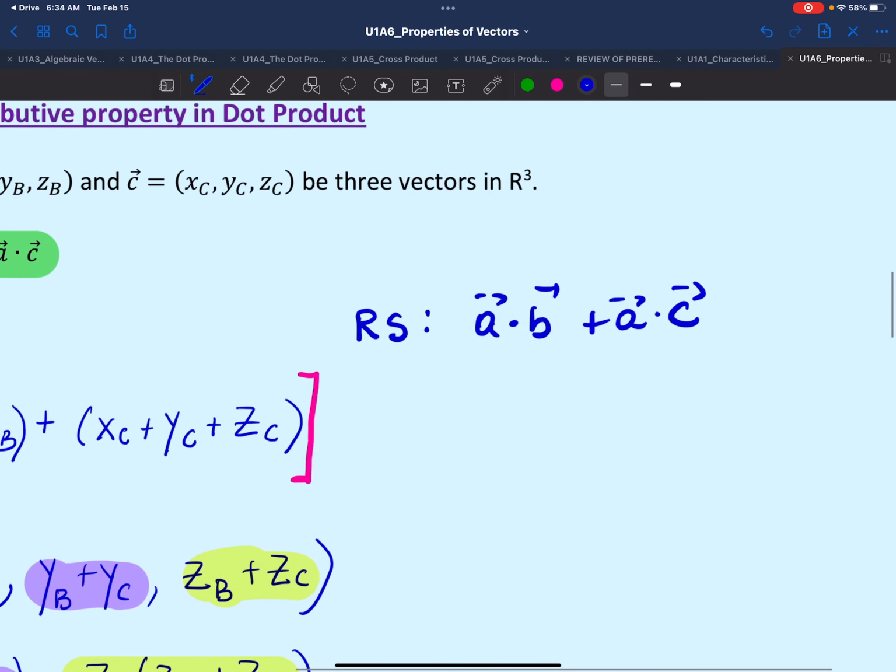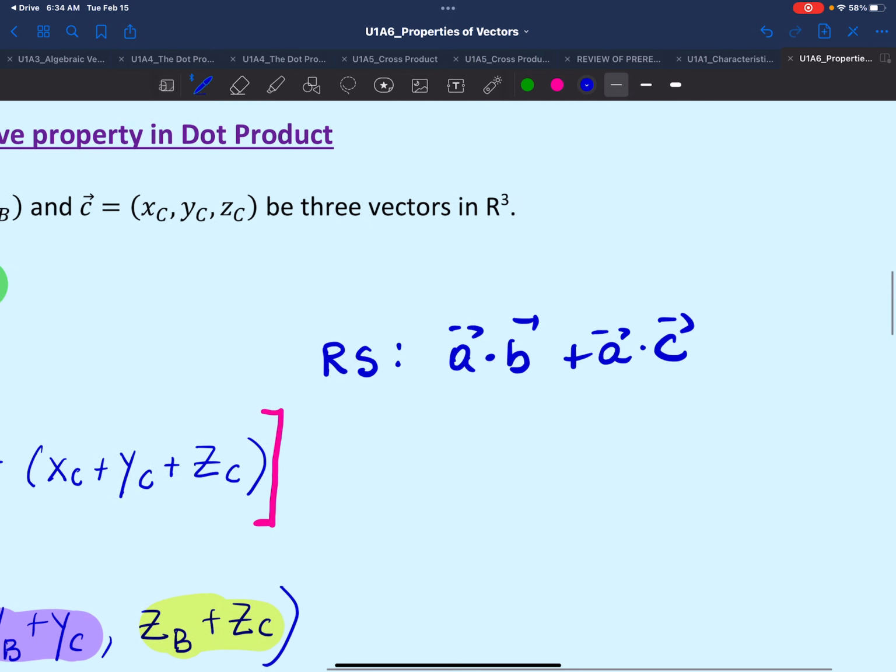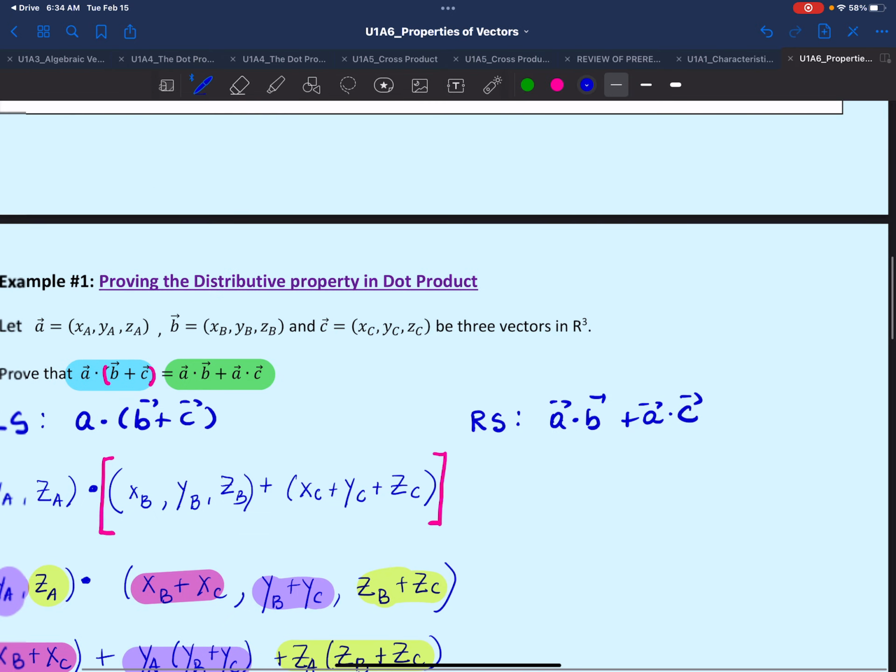Now let's take a look at A dot B plus A dot C. So again, what we have in here is vector A. Let me just separate them.